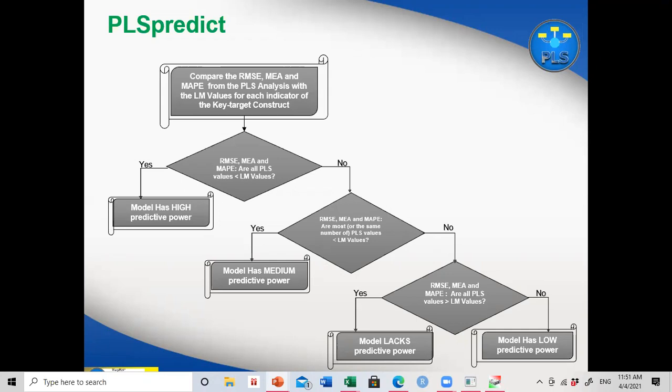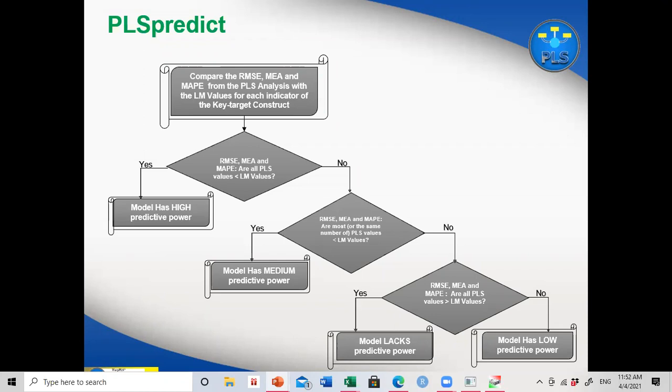If all of them are less than the LM, then we conclude that the model has high predictive power. Let me say it again. If all the errors, that is RMSE, MAE, and MAPE, of the PLS are less than the LM, when you calculate all the figures in PLS are less than the figure in LM, then we conclude that the model has a very high predictive power.